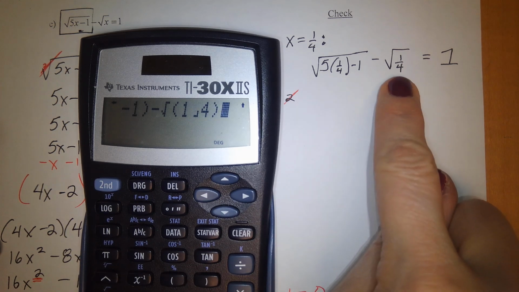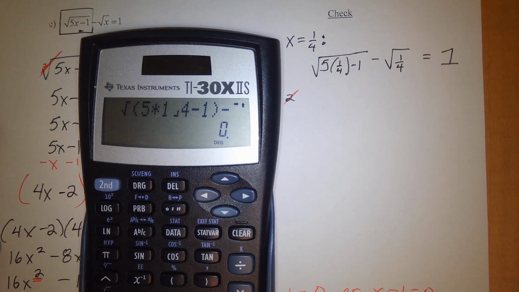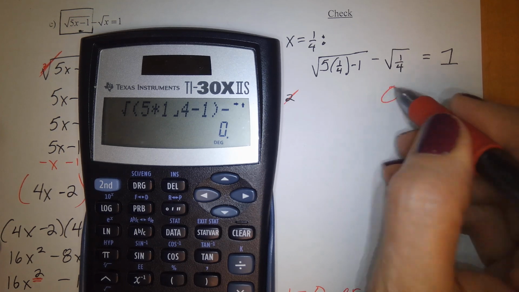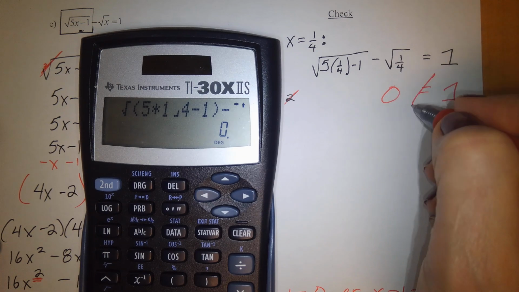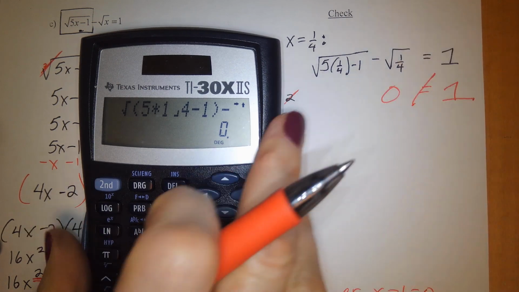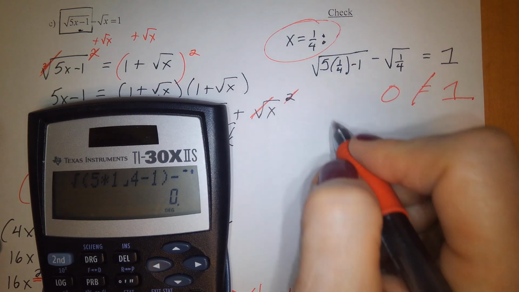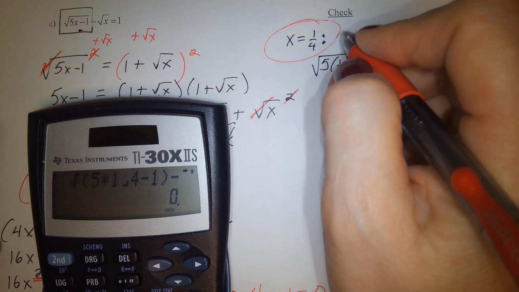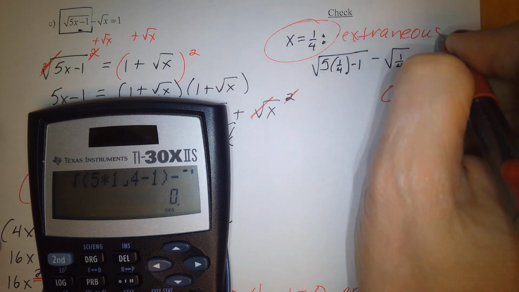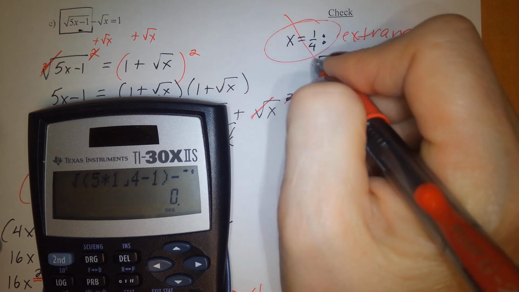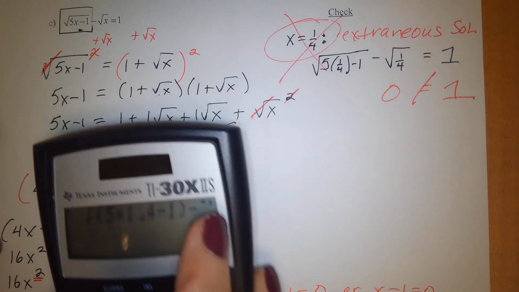And when I hit equals, I should get 1. But in fact, I get 0. So in this case, 0 is not equal to 1. So that means x equals 1/4 is an extraneous solution. So it is not an answer.